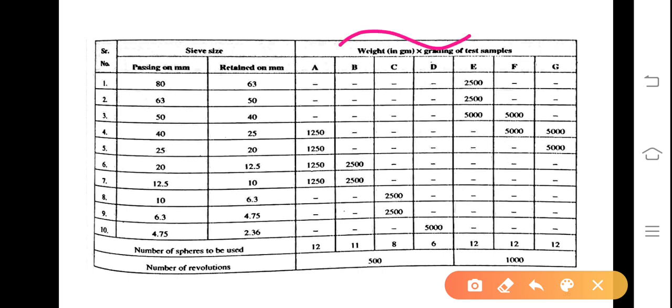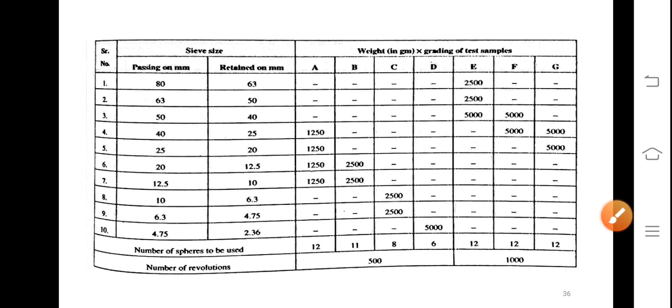Grades are mentioned here. A, B, C, D, E, F, G. I said 7 to 8, 7. And these are the sieves: 80, 63, 50, 40, 25, 20, 12.5 mm, 10 mm, 6.3 mm, 4.75 and 2 mm.